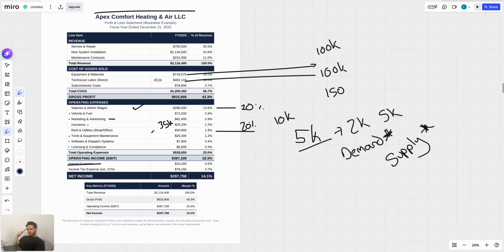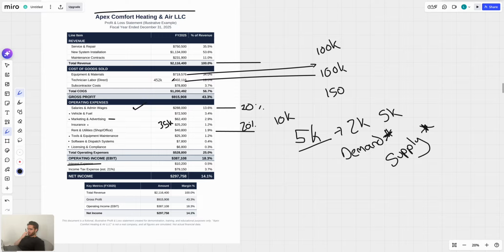Okay, so now we've got to figure out the EBITDA. How to do the math. So EBITDA would be: get your revenue, add that up. We've got to now add back our wages. So from 402, we've got to add this onto it.